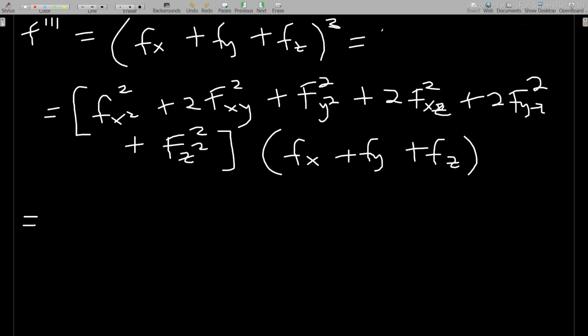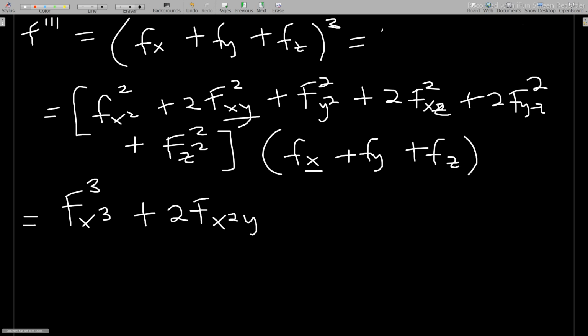When you multiply, you have fx squared here, you get fx cubed, plus 2fx squared fy, because this times the whole of this, I have x here, so when I multiply I get x squared, but y here, then everything tends to cube because I have f squared, one of the f here. But you don't write the one there, so cube like that.